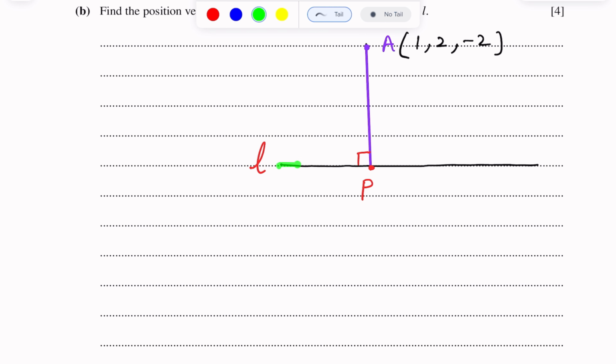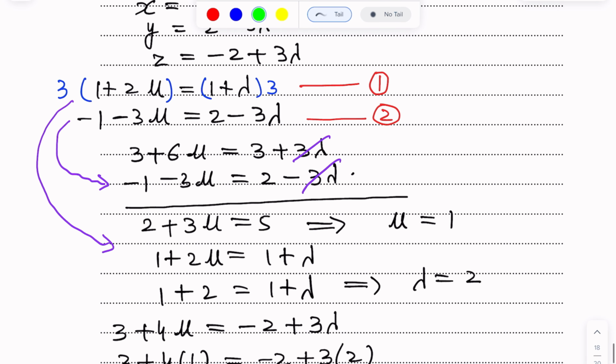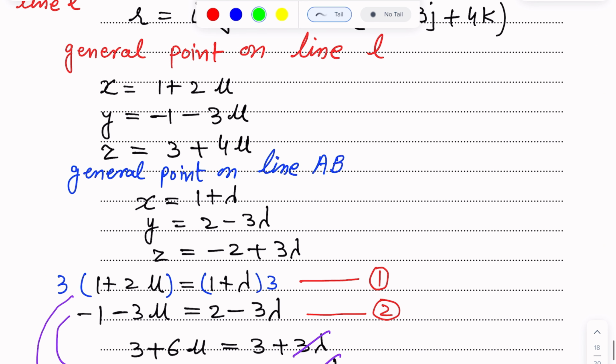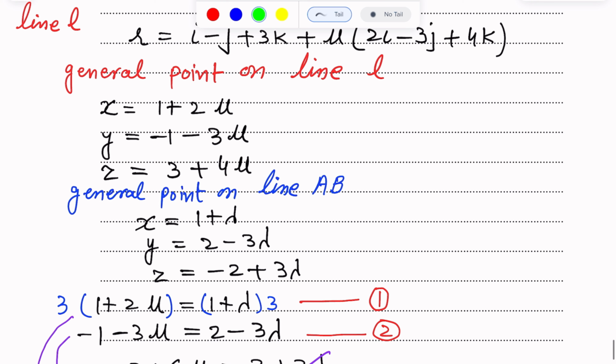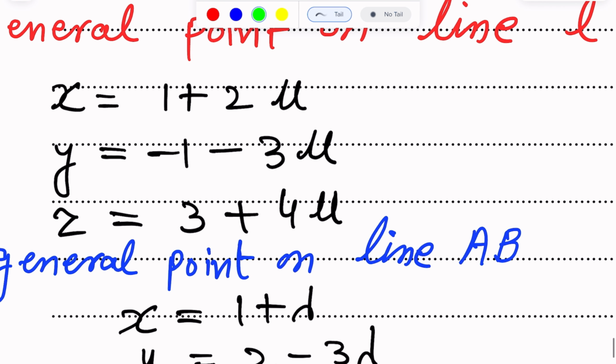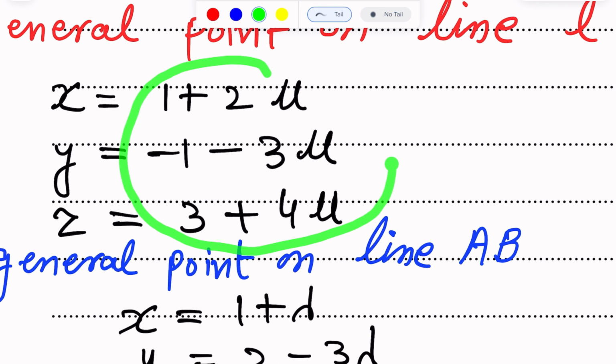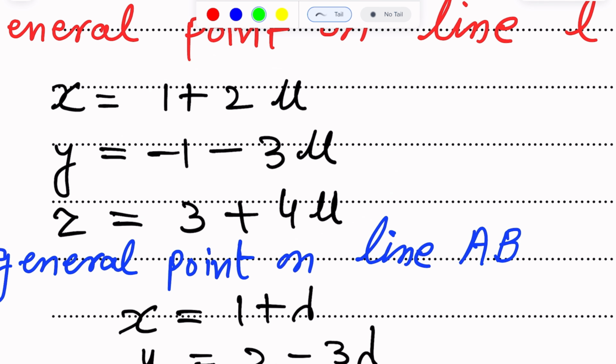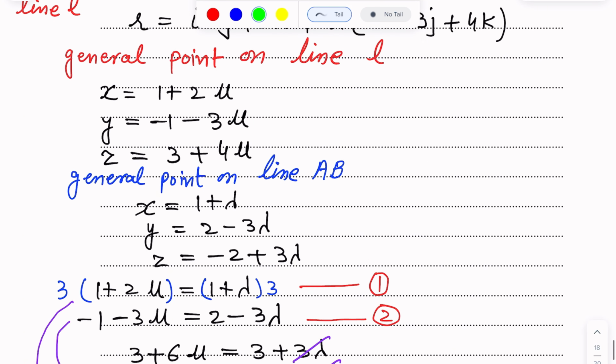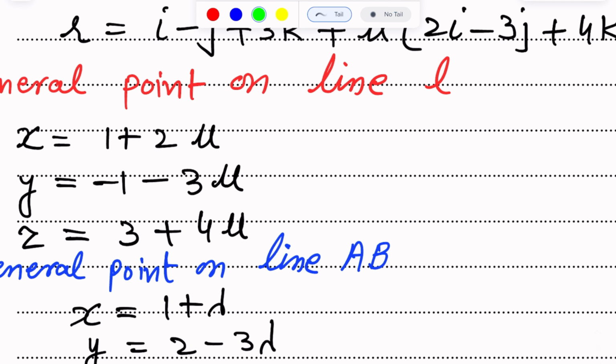Now the coordinates. Since this point P is a general point on the line, we will find the coordinates of this P. We have already found the general point on line L. These are the coordinates of point P, general, because P is a general point.